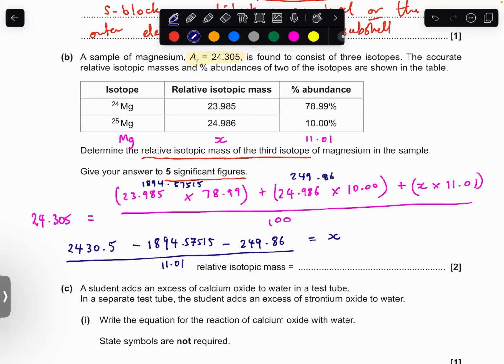What have I done wrong here? Let me recalculate this. 23.9 times... 1894.575515. That's correct. 249.86. That's correct.